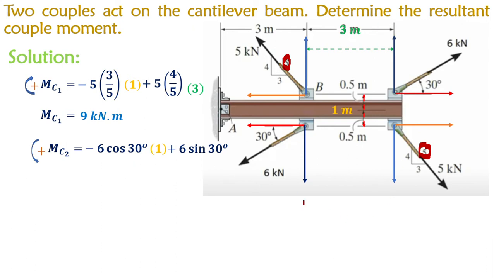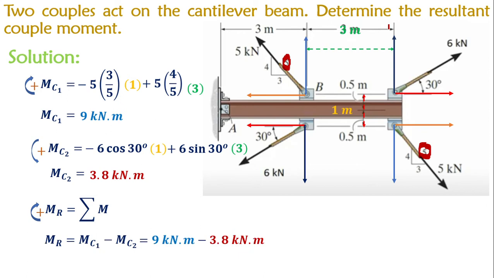So we have to get the resultant couple. Makukuha natin dyan is 5.2 kilonewton meter. Makikita mo naman mas mataas ang clockwise compared to counterclockwise, so use the counterclockwise para mag-positive. Pero pag nag-negative, baliktarin mo lang yung direction mo, di ba?